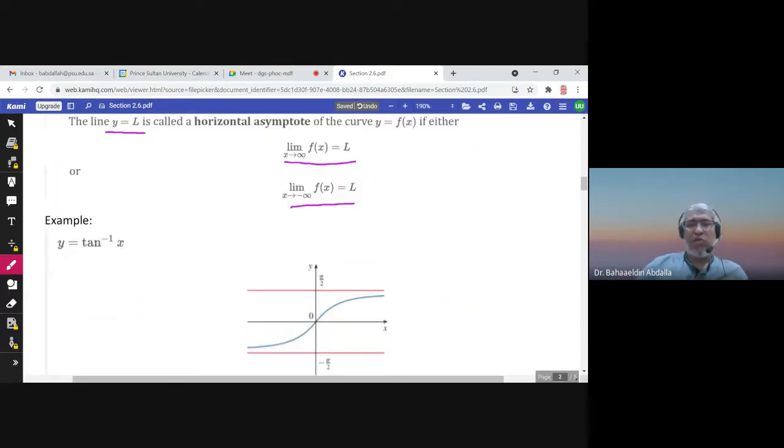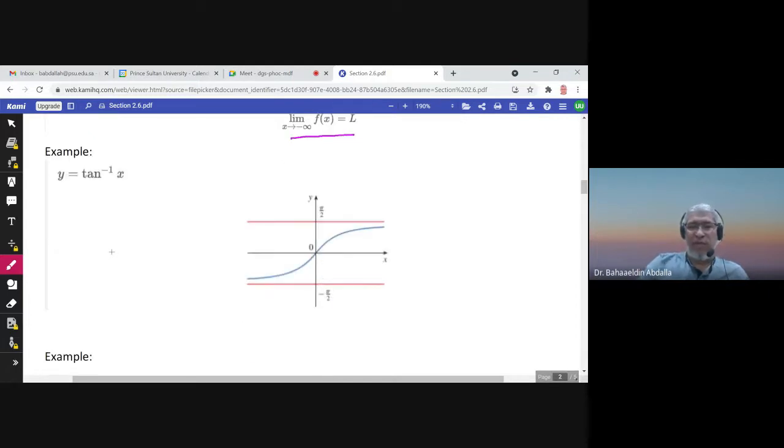Let us look at the graph of tan inverse, which is one of the important functions in this course. Look, what do you see? If I ask you, what is the limit of tan inverse of x when x approaches infinity, what would be your answer?